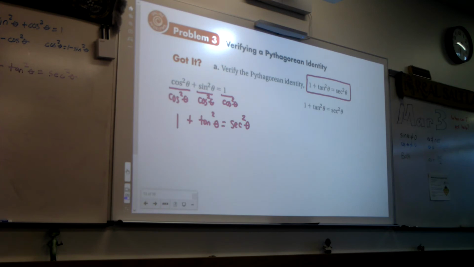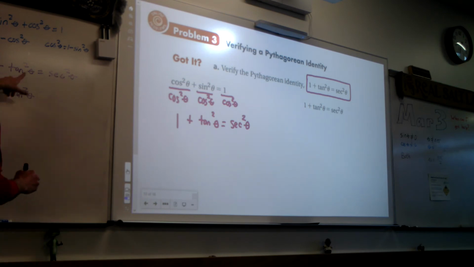Now, I could also rewrite this a couple of different ways. Let's just subtract over that tangent, and I'm going to say that 1 is equal to secant squared of theta minus tangent squared of theta. So if I'm ever going through an identity and I see secant squared of theta minus tangent squared of theta, what can we replace it with? 1.